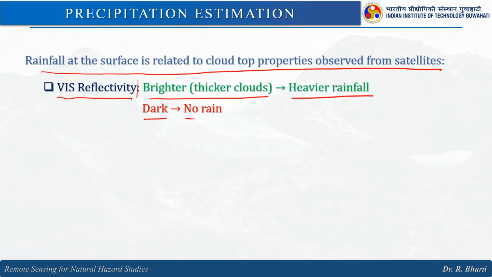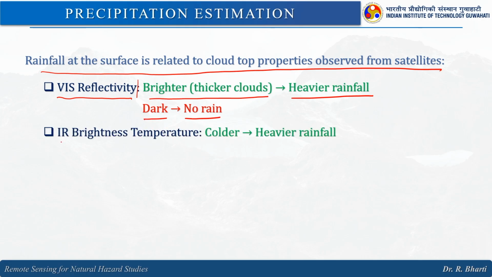Dark means no rain, right. When we use IR brightness temperature, again we are talking about infrared remote sensing images. Here if it is colder, that means heavier rainfall, and warm means no rain.